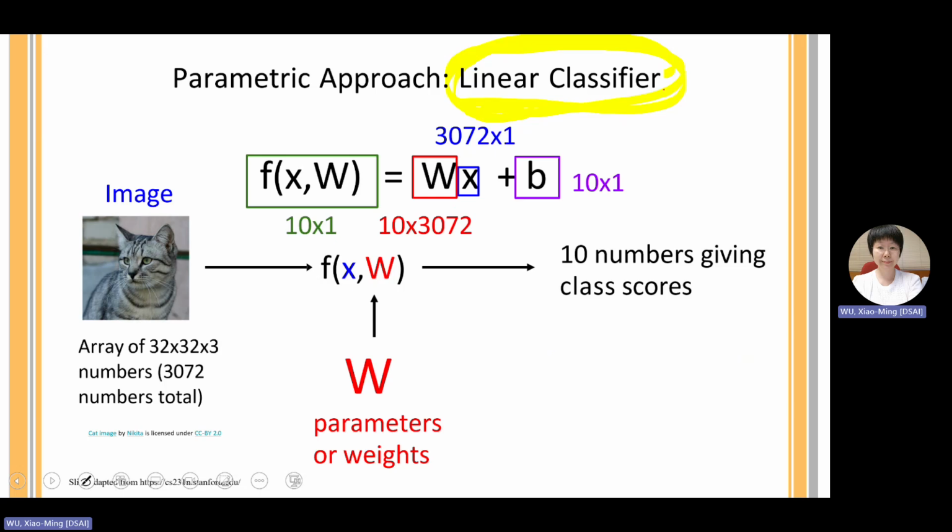Here we have an image with 3 channels, so an RGB image. The number of pixels is 3072, meaning that X is a 3072 dimensional vector.